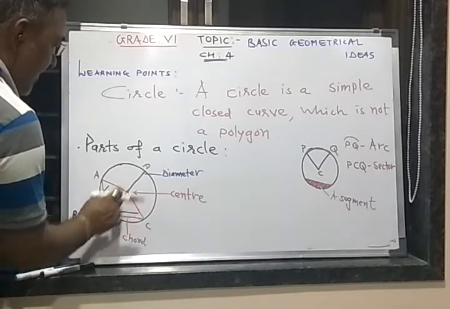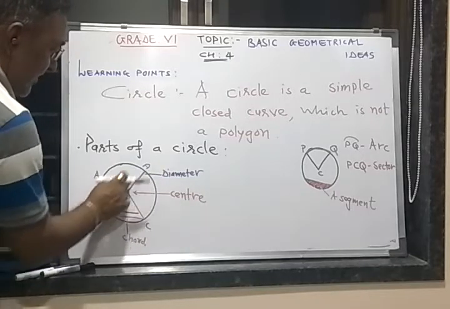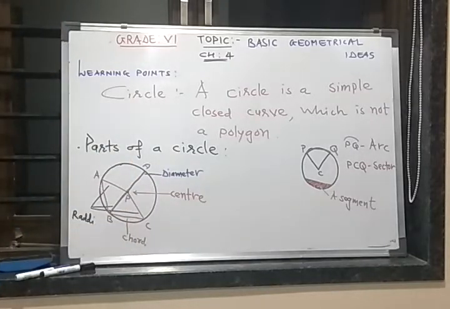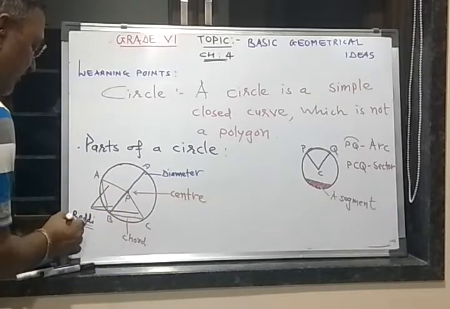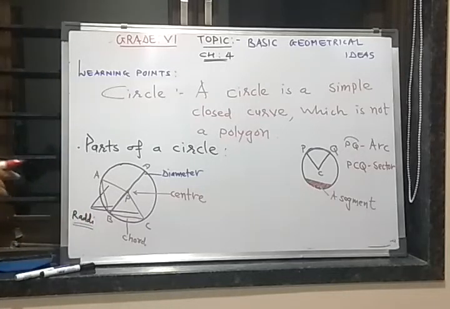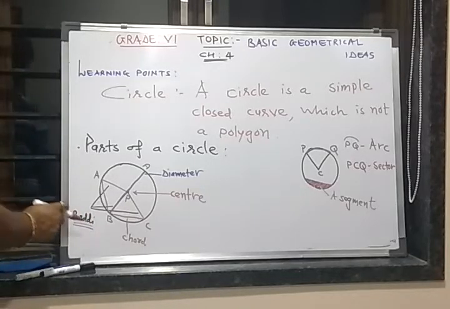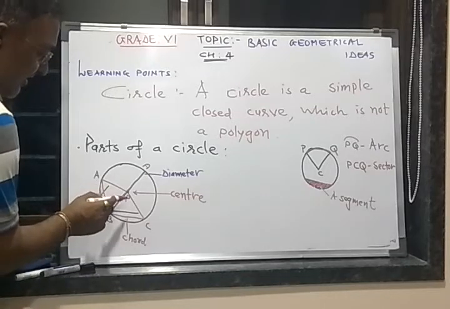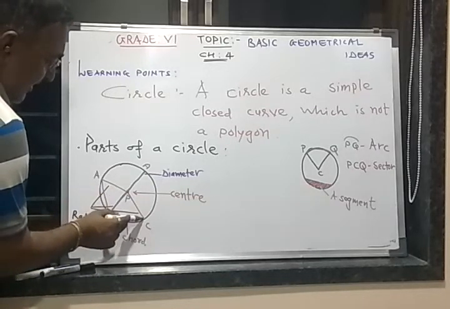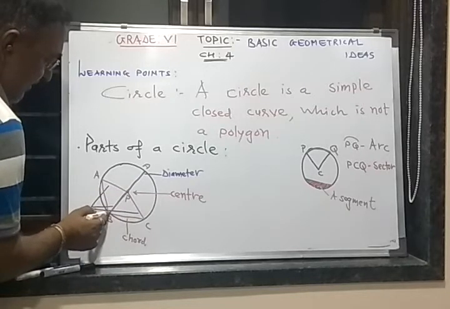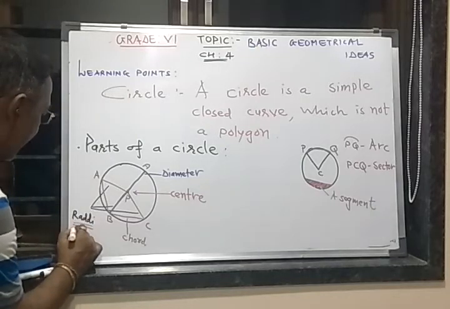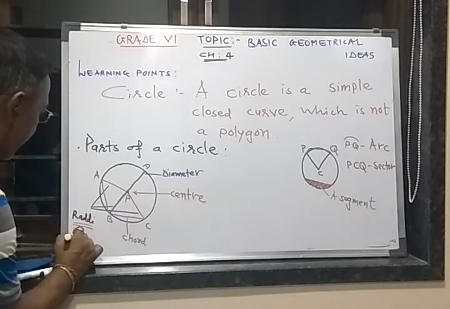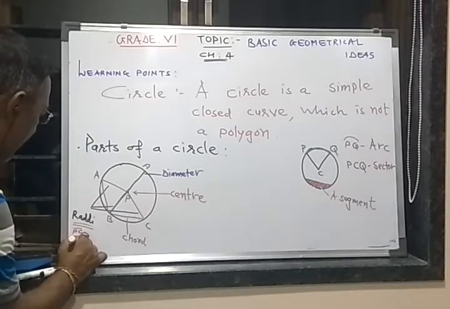Line segment BD is the diameter, which is represented by the blue line. Here you can find radius. Here I have written radii, the plural form of radius. Here you can find the radii: line segment PC, line segment PB, line segment PA or AP.